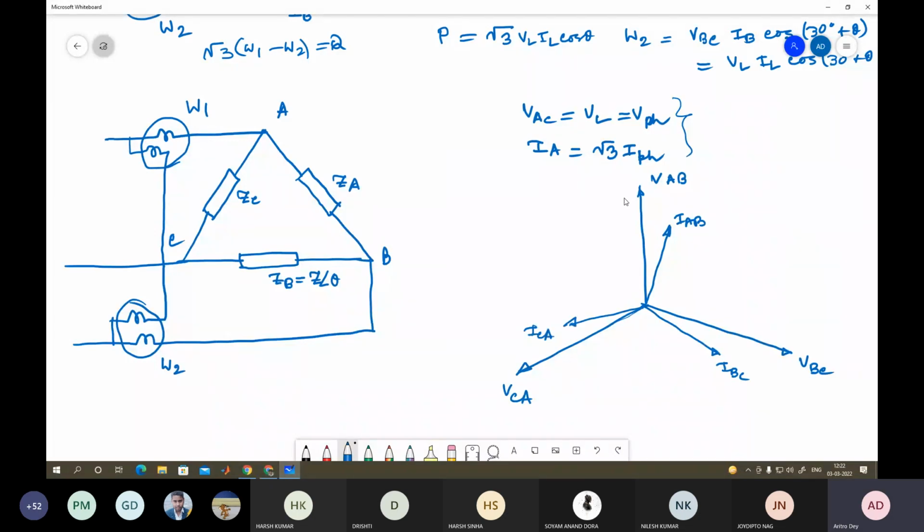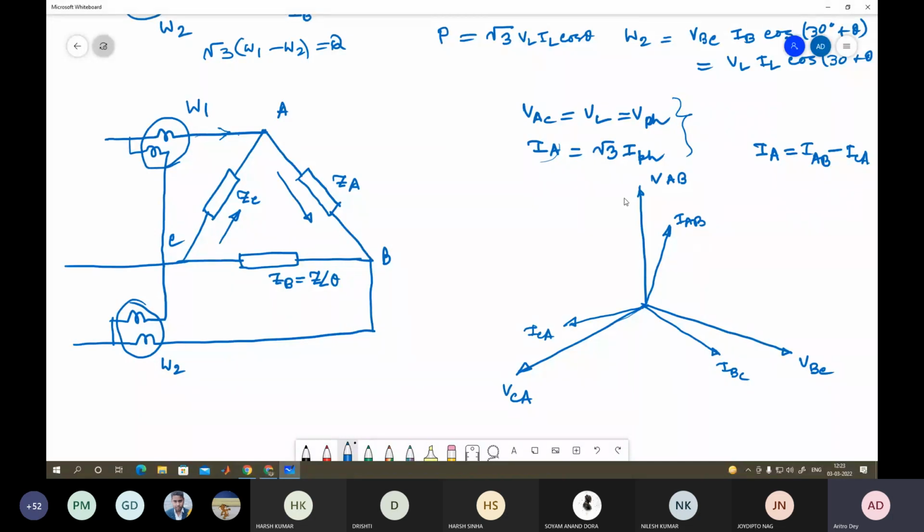Now you have to measure this IA, right? This IA you want to measure by wattmeter 1. So what is your IA? IA is equal to IAB. This is your phase current, IAB minus ICA, right? So IAB minus ICA.